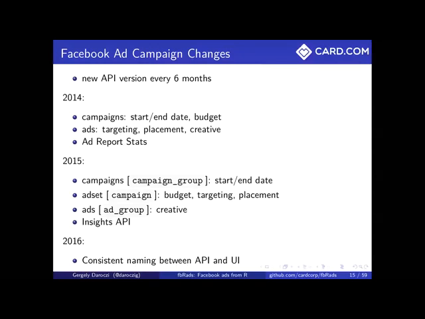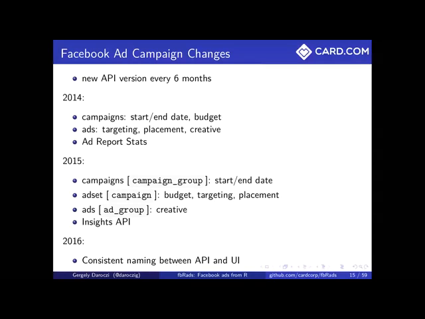And the campaigns were called campaign group. So the user interface used very different terms compared to the API. When you created an application interacting with the Marketing API, you had to bear in mind that campaign in your actual code refers to ad set, not campaigns at the UI level.